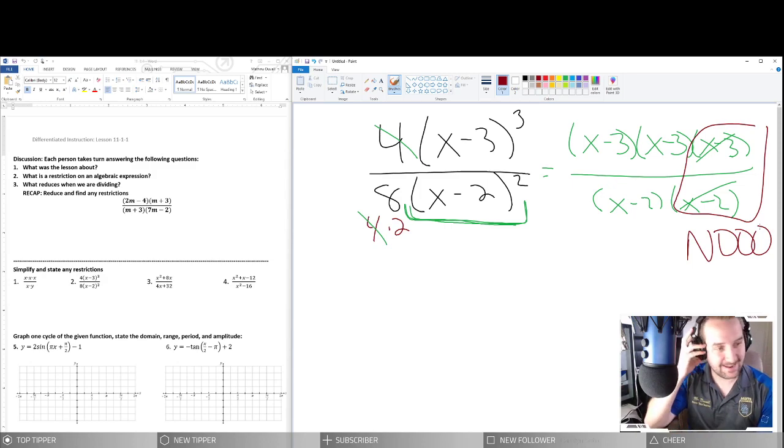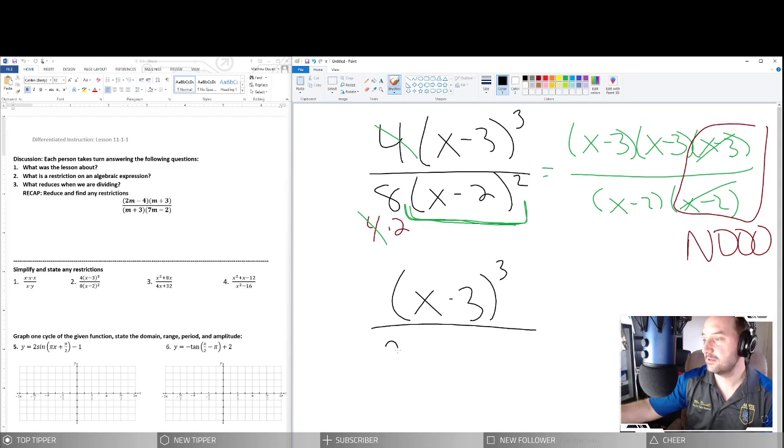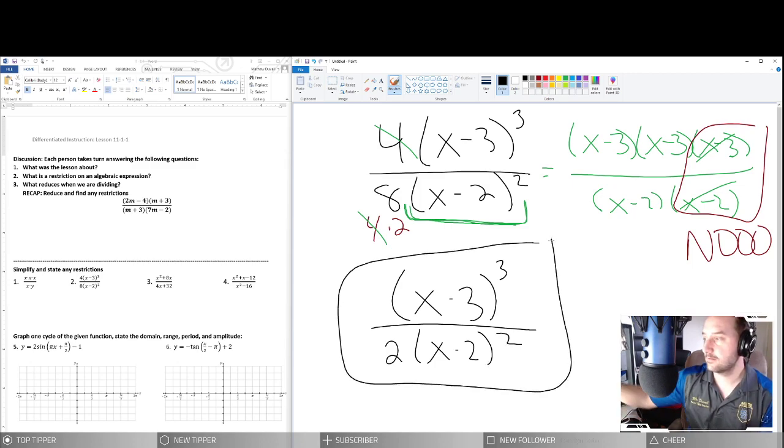You cannot reduce those, and the reason is they are not the same. So the only thing that reduces is the 4 and the 8. My final answer is going to be x minus 3 cubed over 2 times x minus 2 squared. Comments or questions on that?